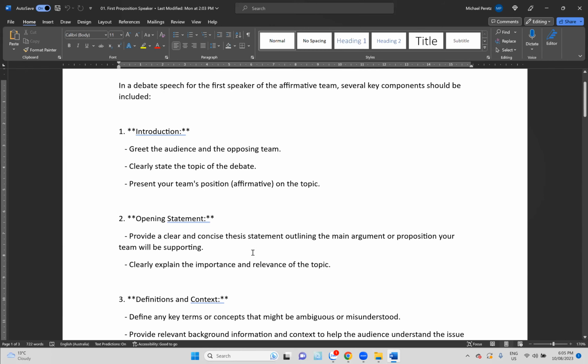We need to provide a clear, easy to understand, short, simple statement that outlines the main argument that the team will be supporting. And then we need to clearly explain the importance and the relevance of the topic. So why are we debating about this? Why should you believe our team? What's so important about this topic?